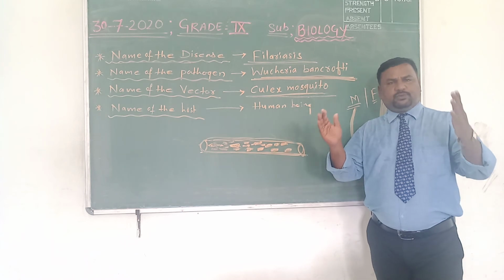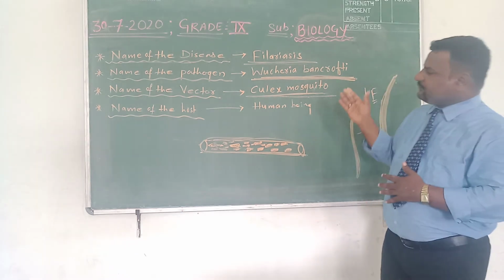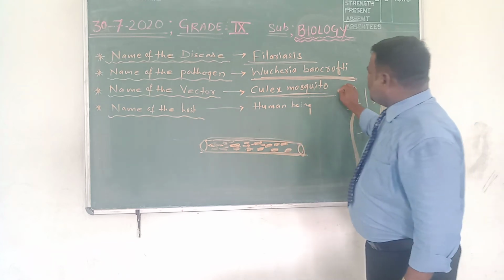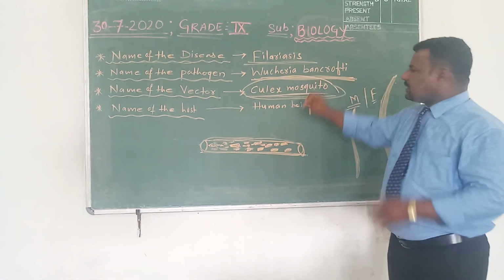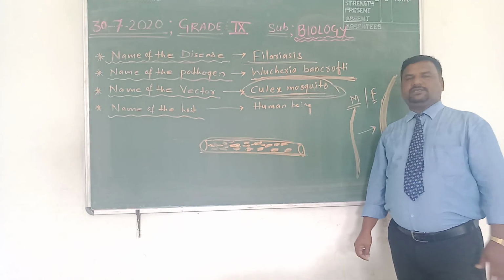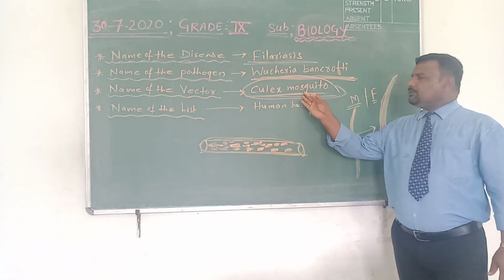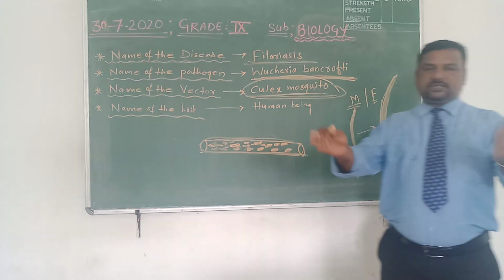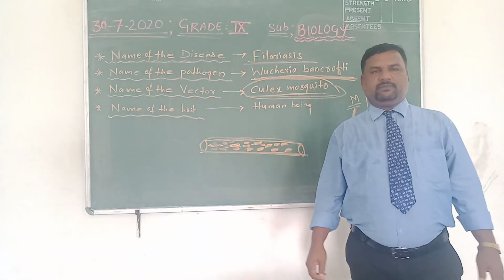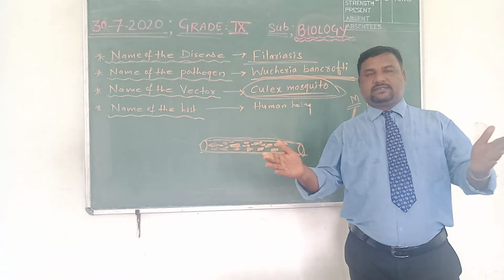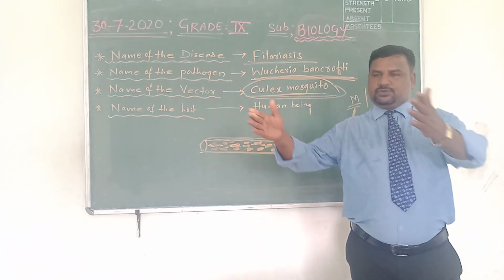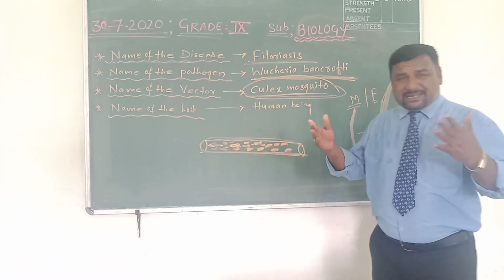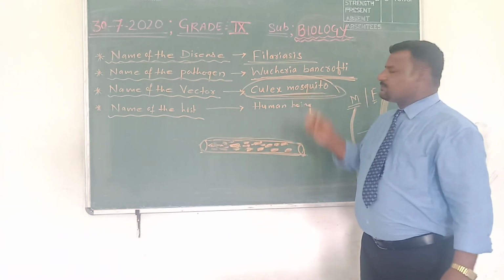So, what are the preventive, precautionary measures to be taken for this? We have to eradicate the growth of Culex mosquito. We are not supposed to allow stagnant water in our nearby premises, because if we allow stagnant water to collect, like ponds or small pools in our surroundings, that becomes a breeding place for the Culex mosquito.